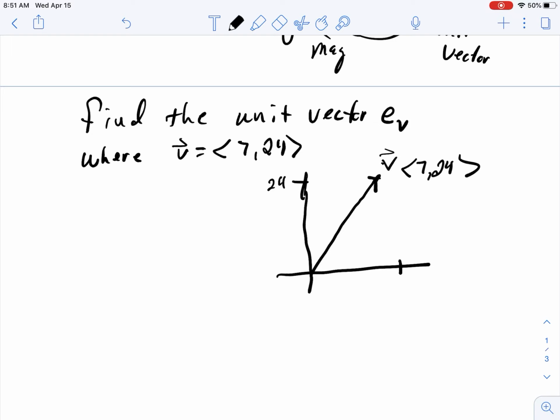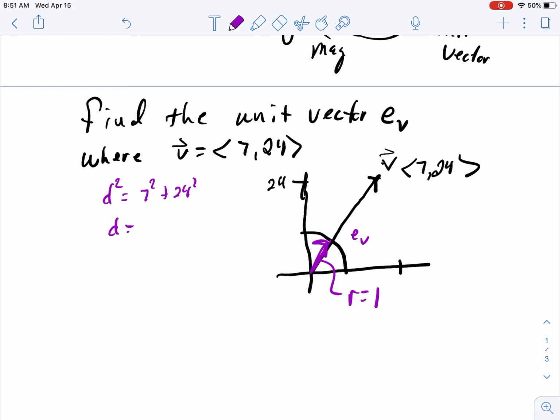Okay, vector V. So what I want to do here is basically shrink it down. So unit vector, so therefore r is going to be 1. So how do you shrink it? Well, you've got to find the distance. So d squared equals 7 squared plus 24 squared.